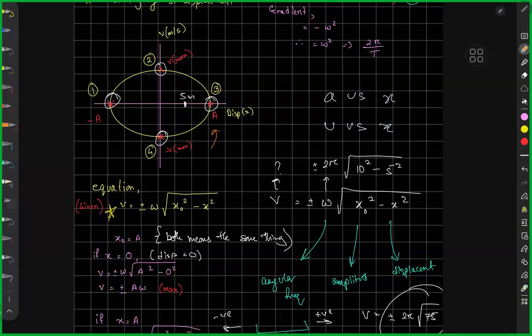Now look at this equation. I have written this equation as: velocity equals plus minus omega times root over maximum amplitude squared minus displacement squared. Okay.